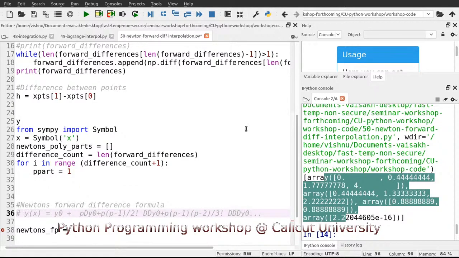For finding p into p minus 1 by 2 factorial, etc., we need to take p, p minus 1.